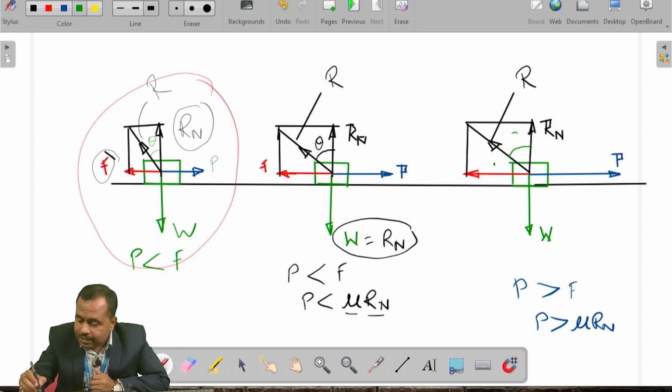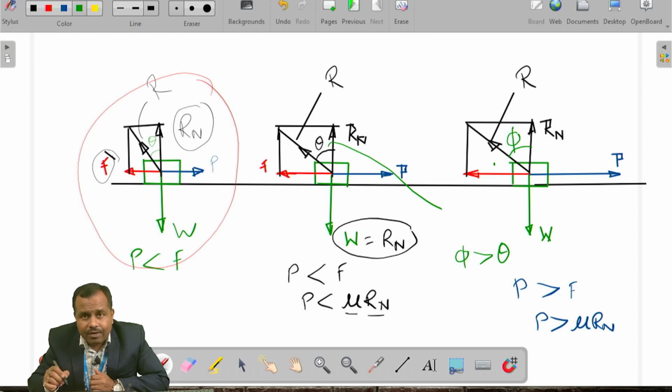Now I will call it as phi, as a friction angle, or we can call it the limiting angle of friction also. Obviously phi is greater than the previous angle theta. So the phi is the angle where the box or the object will move towards the right side.